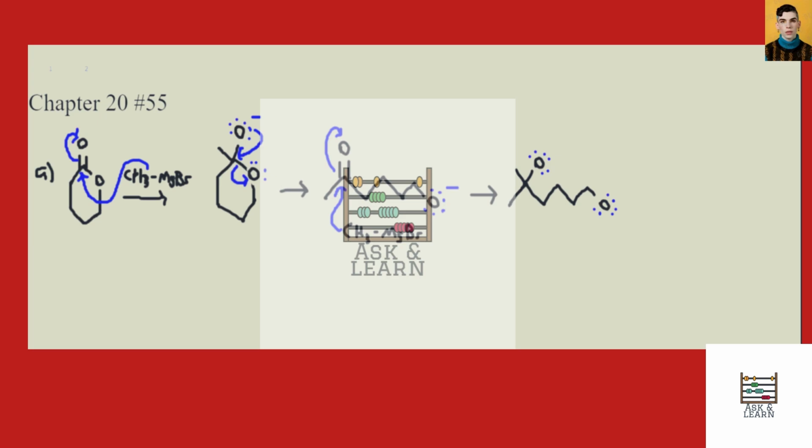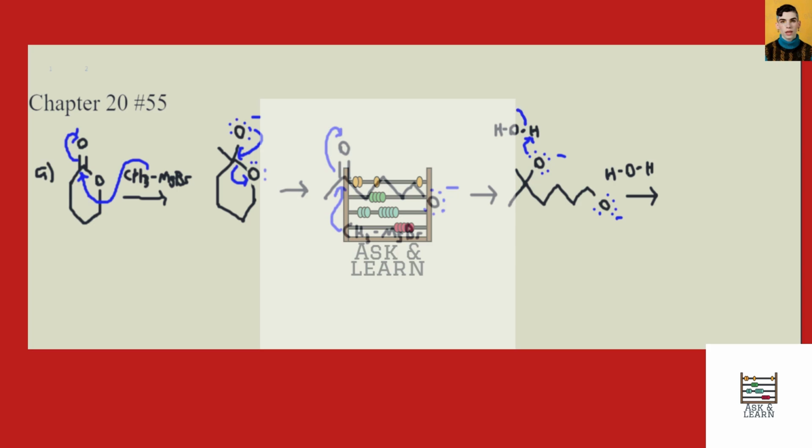And when we go to do our water workup, we can take care of both of these at the same time. So we can draw both of these being protonated at the same time as a single step. I shouldn't omit negative charges, so each of these has a negative charge.